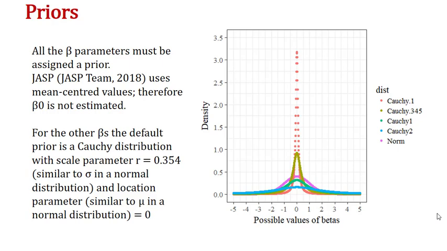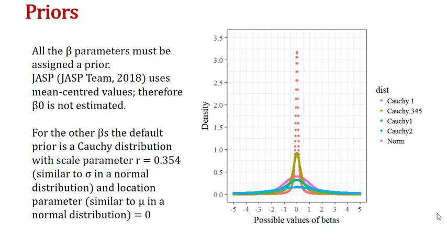You have to take into account that because the values are mean-centered, they don't have the same interpretation as the beta values that I have been using, which are not mean-centered.